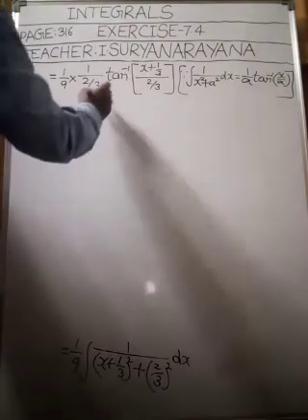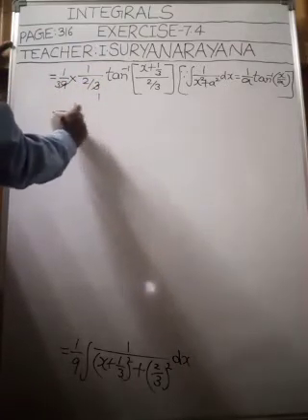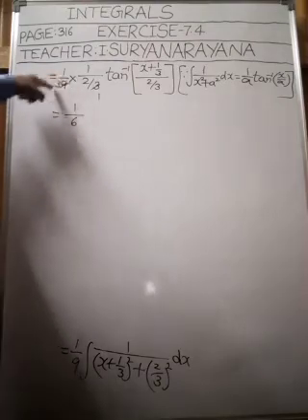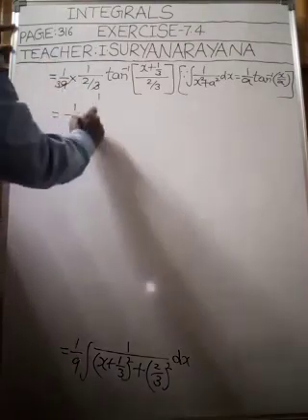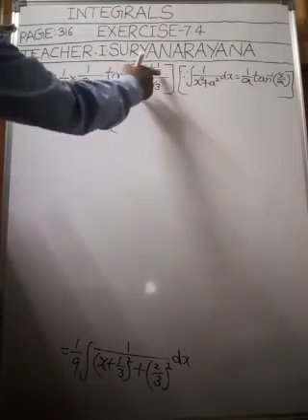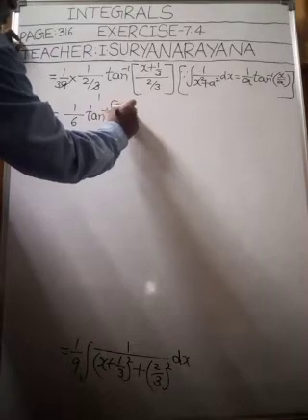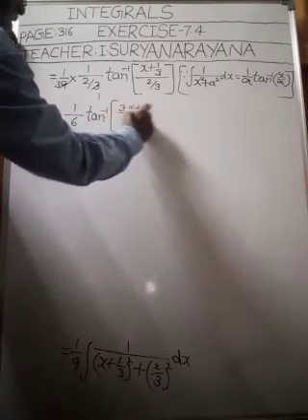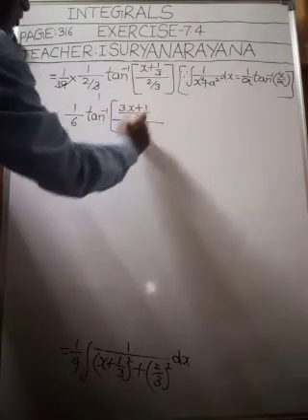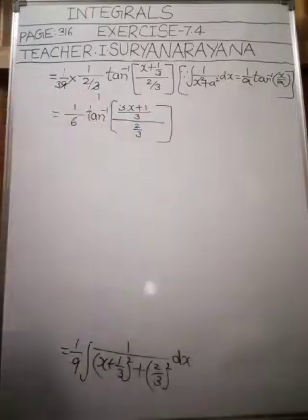Now let us simplify here. 2 1 times, 2 3 times. Then what you will get in the denominator? 1 by 6. 3 2s are 6 into tan inverse of, if you take LCM, 3 is LCM, so (3x plus 1) by 3 divided by 2 by 3. Understood this step, my children?